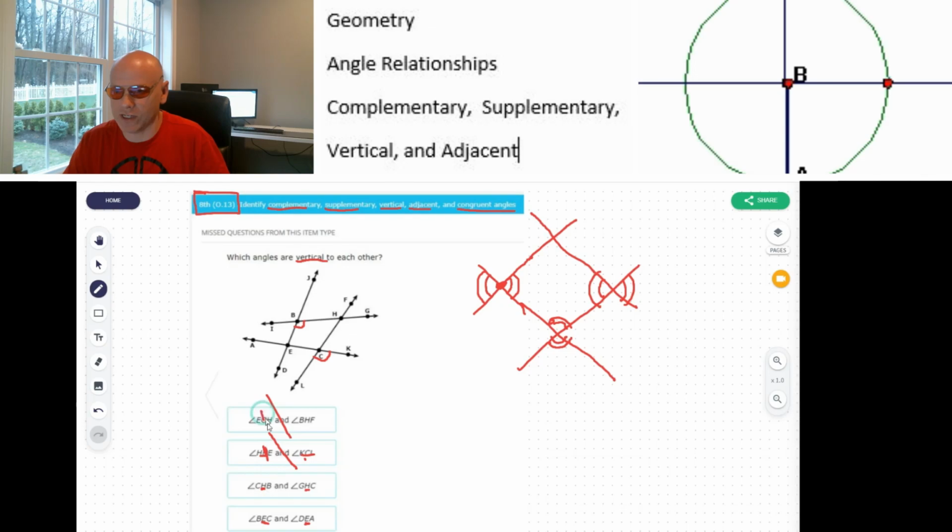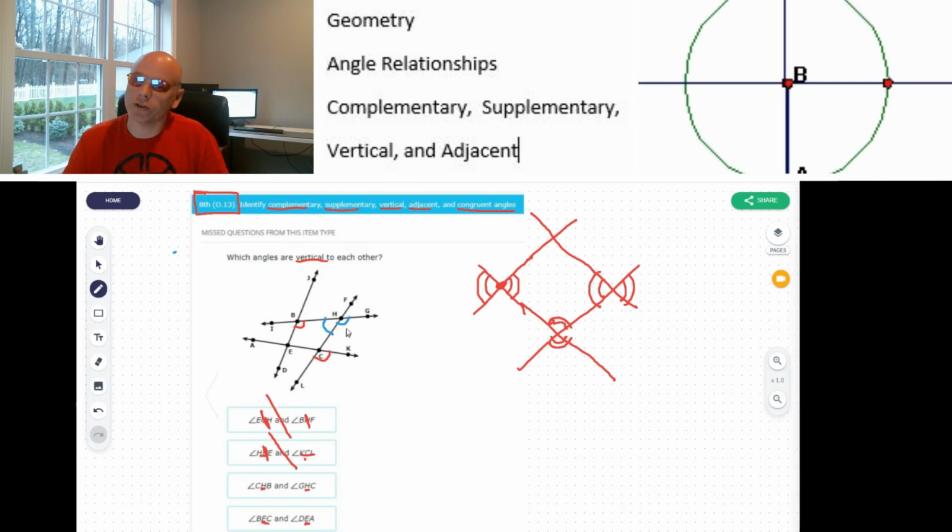C and H, right? They're not the same. Okay, so let's check it out. CHB. CHB. That's this one right here. And GHC. And GHC. G to H to C.